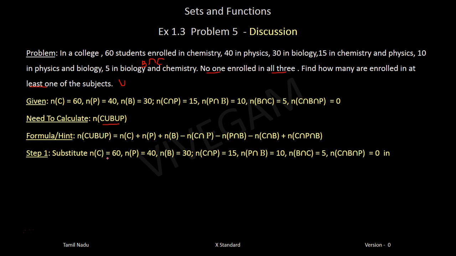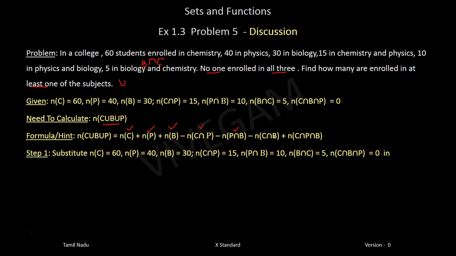Now, in this case, n of C we know, that is 60. n of P we know, that is 40. n of B, the number of students enrolled in biology, is 30. n of C intersection P, chemistry and physics, 15, so that is also known. Physics and biology is also known, that is 10.